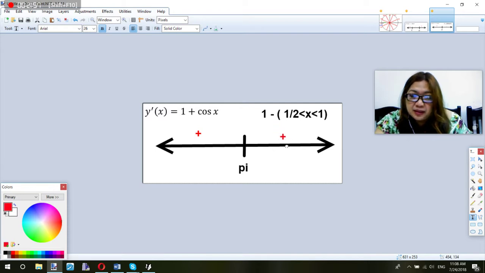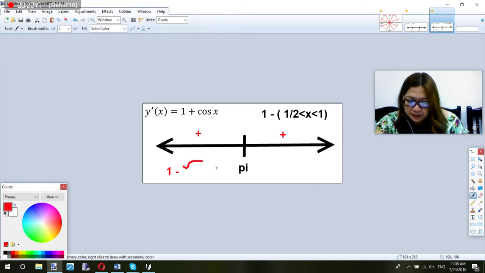I'm going to do that one more time. We said the cosine of x was negative root 3 over 2. So this became 2 over 1 minus root 3 over 2.